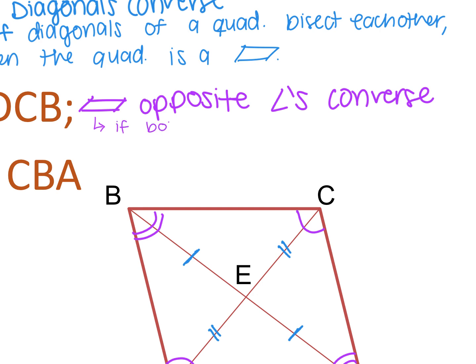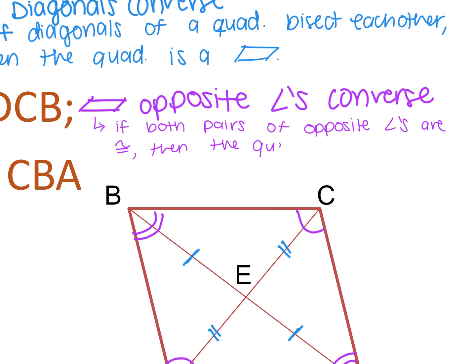If both pairs of opposite angles are congruent, then the quadrilateral is a parallelogram.